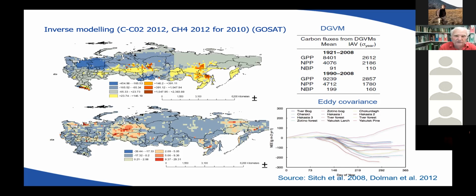The second generation of DGVM is not applicable to the North, at least to Northern Eurasia, because heterotrophic respiration is not good, does not fit the mechanism of heterotrophic respiration, specifically on permafrost, and this decreases the result by something like 200 or 300 million tons of carbon, but NPP is very good.